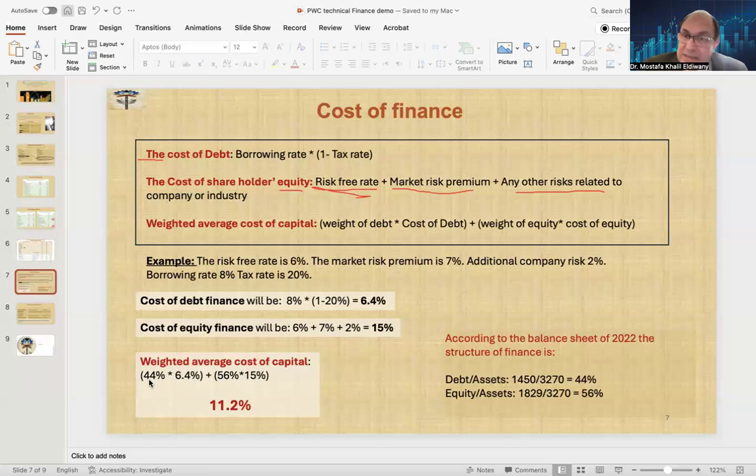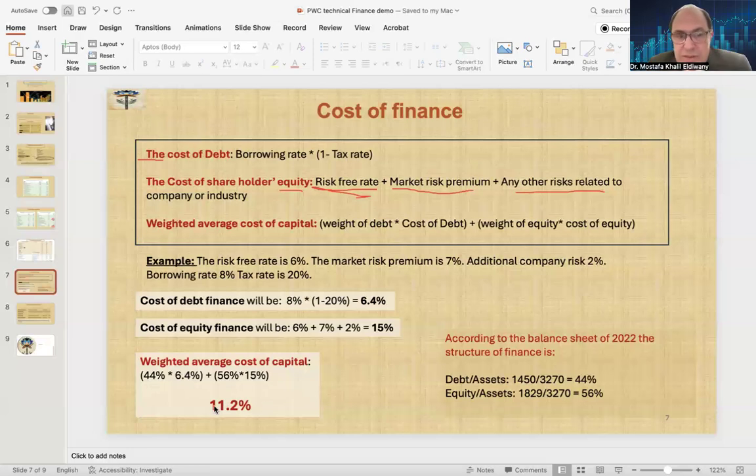So multiply the debt finance percentage in your capital you are using times the cost of debt finance plus the equity finance percentage in the investments you are doing times the cost of equity finance.